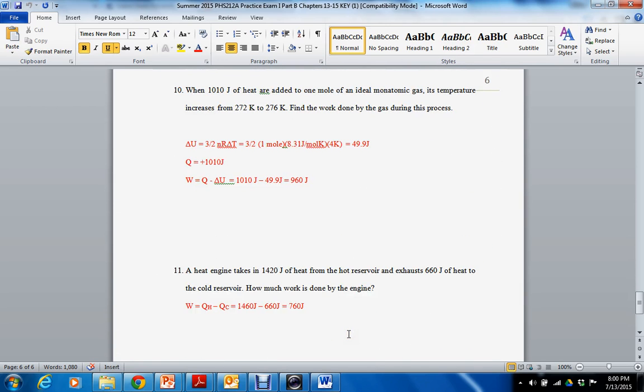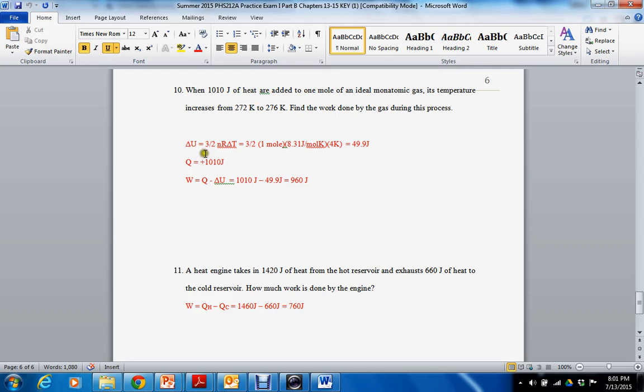Hey, when 1010 joules of heat are added to 1 mole of an ideal monatomic gas, its temperature increases from 272 to 276 Kelvin. Find the work done by the gas during this process.